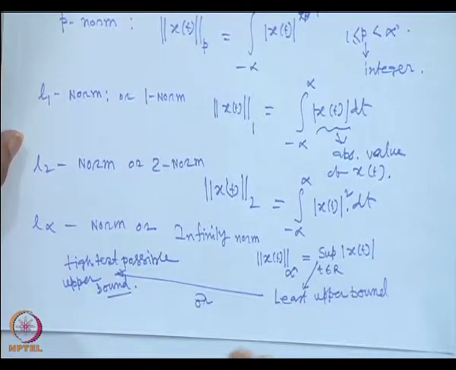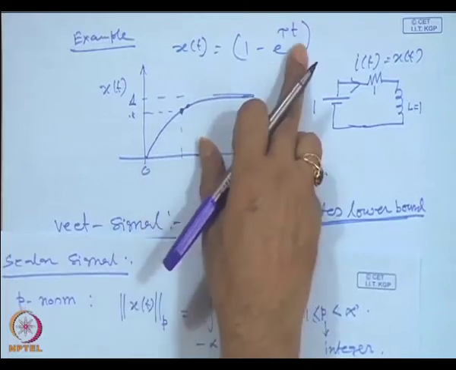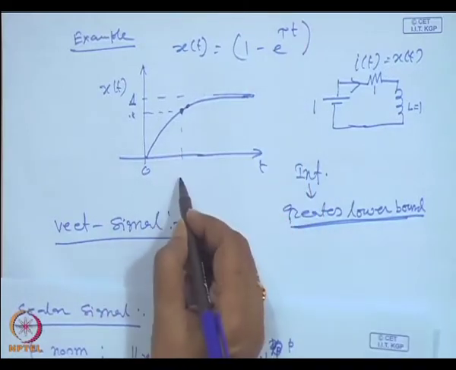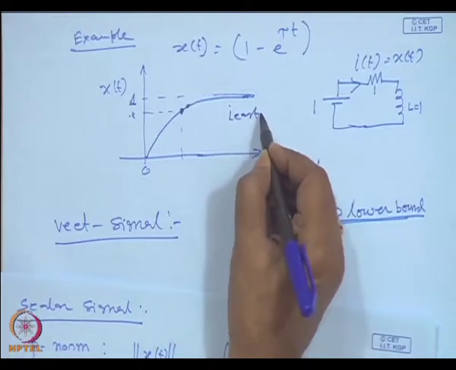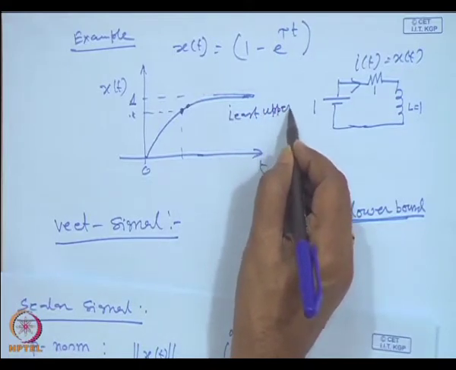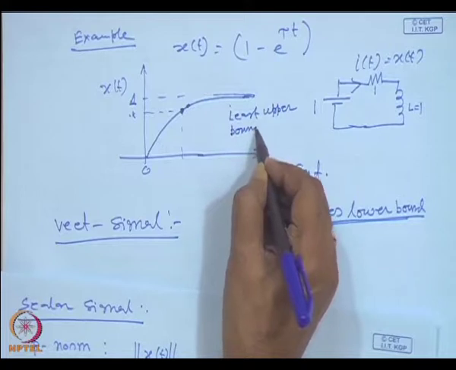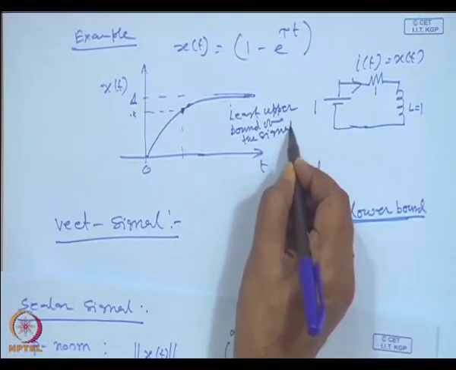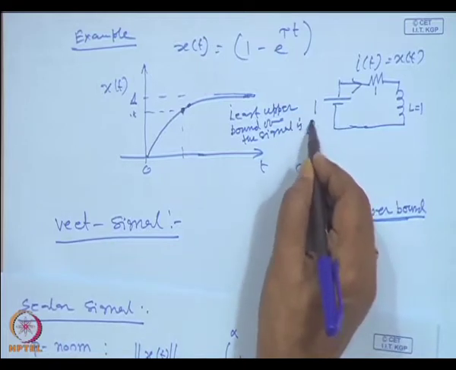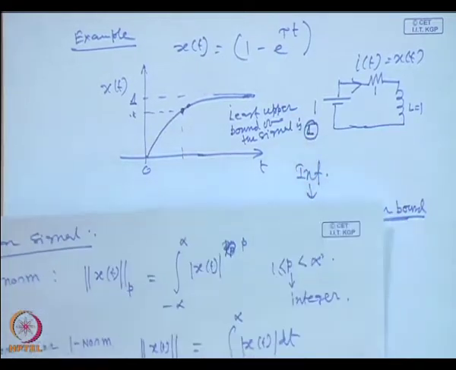For this example, the least upper bound of the signal is 1, or the supremum value of the signal is 1.